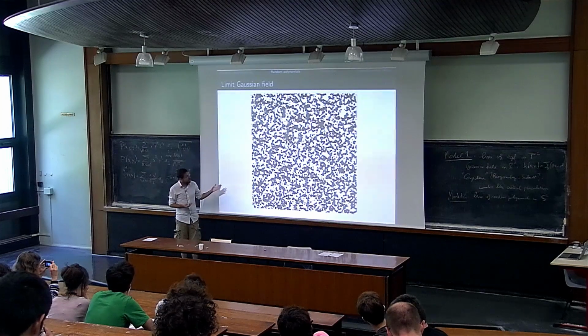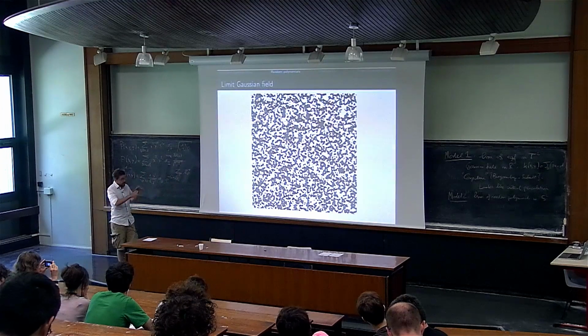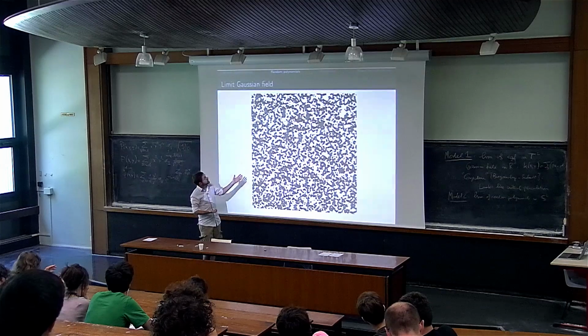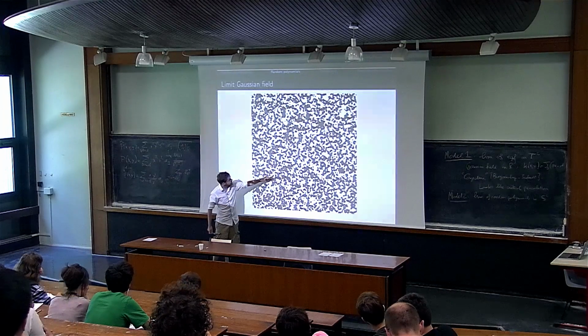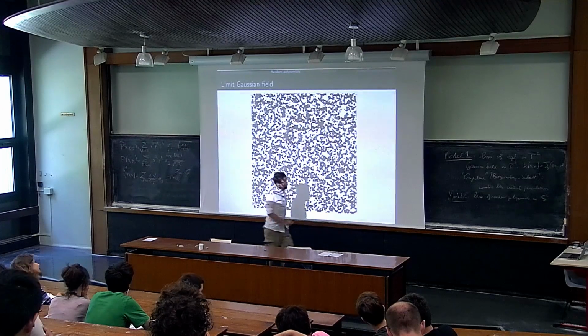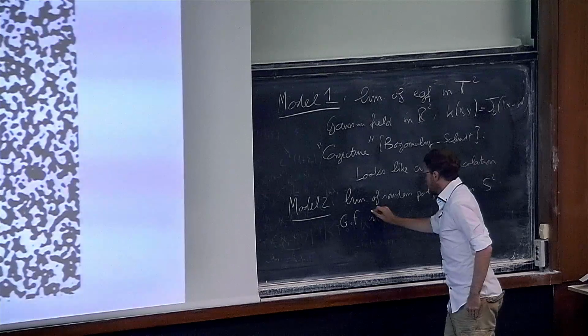It looks more complicated because there is no clear characteristic length. Before, for the eigenfunctions, there was some oscillation, but it was at a prescribed wavelength. Here you see details at all scales. There are very tiny connected components, and there are things at larger scales. So again, it's a Gaussian field in R2.